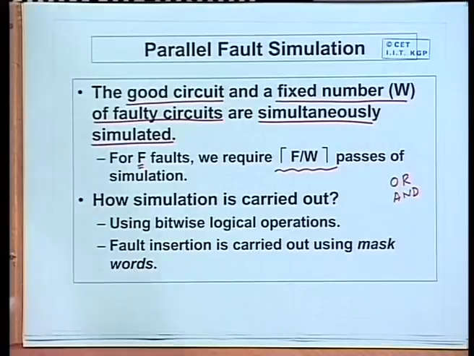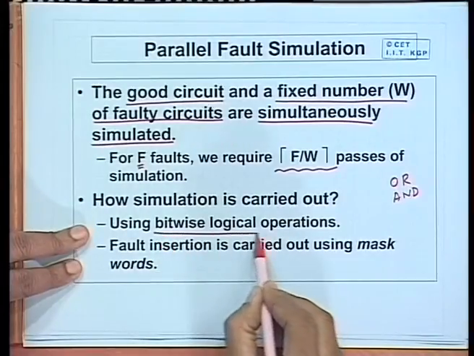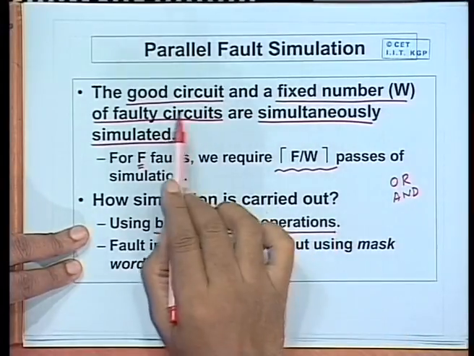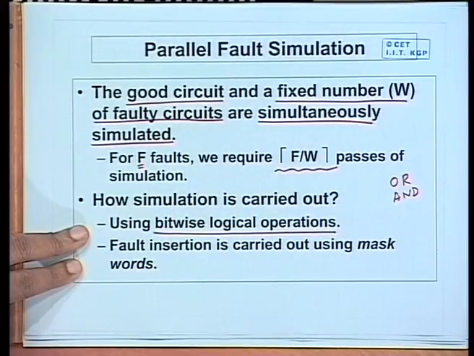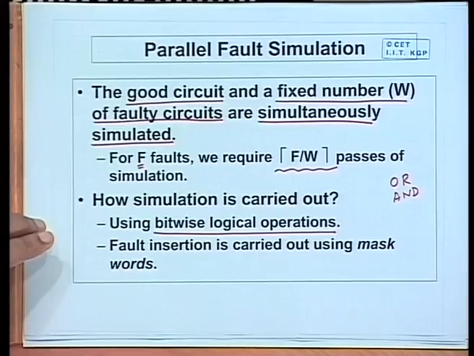They do a bit by bit OR or bit by bit ANDing of the corresponding bits in a word. So, if it is a 32 bit word, I can have a 32 bit OR with another 32 bit number, bit by bit OR. So, I can utilize this bitwise logical operator to do this kind of parallel activity. We will show you how.